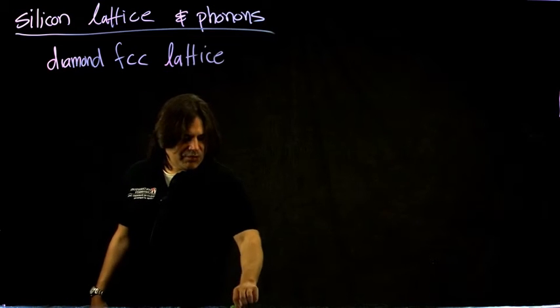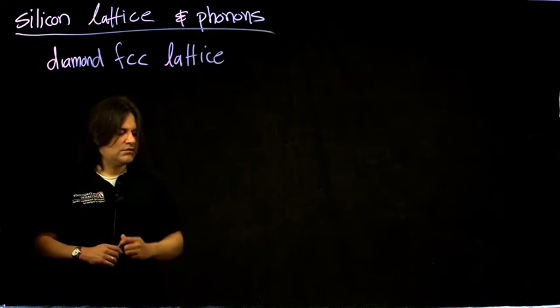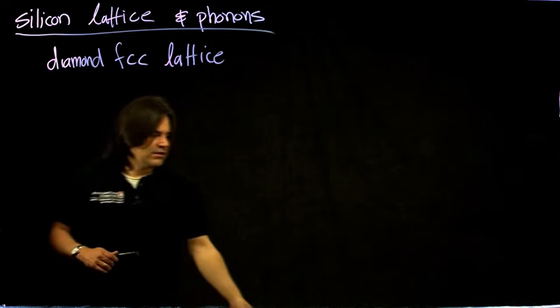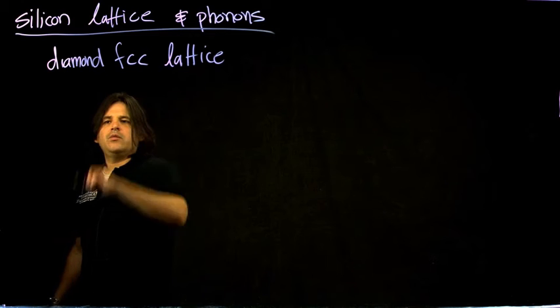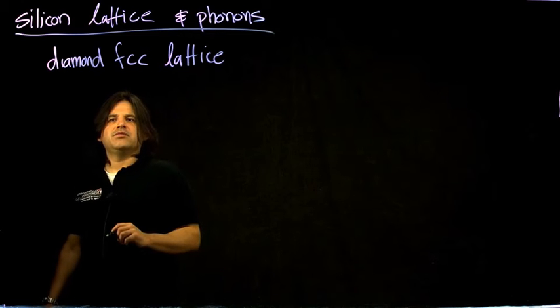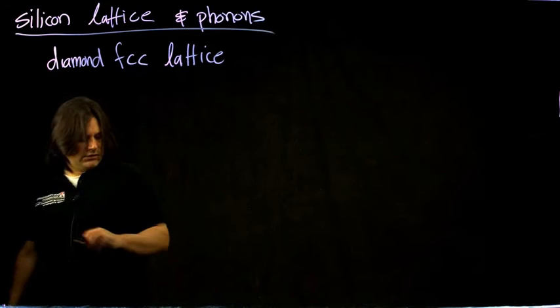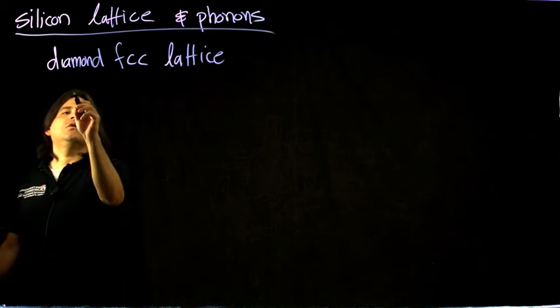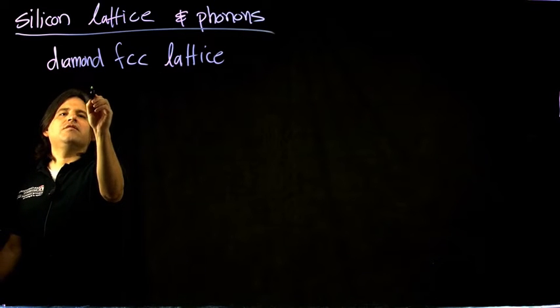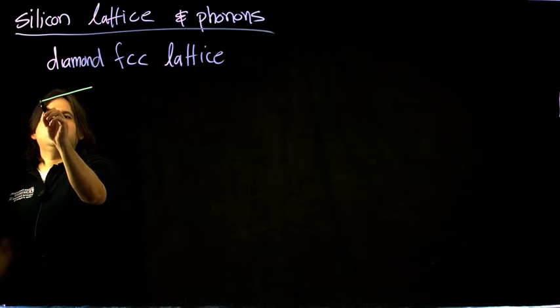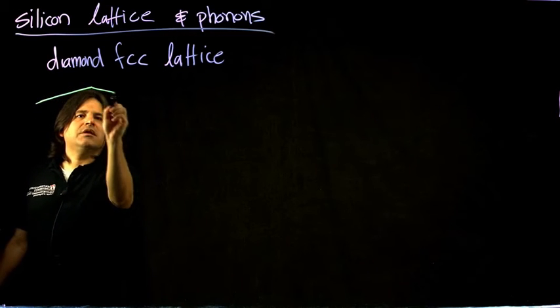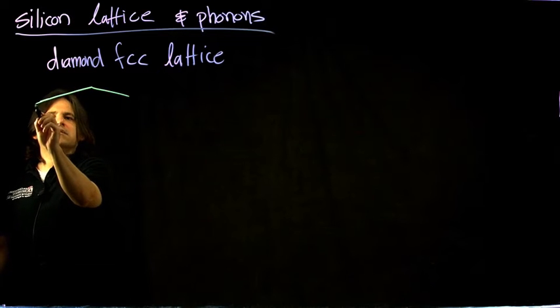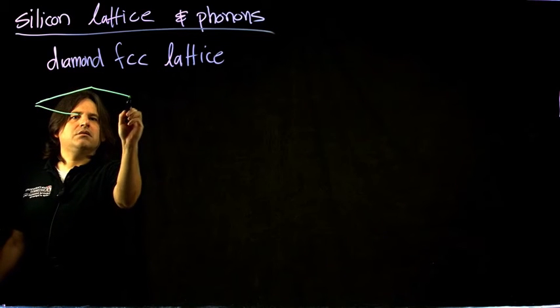Let me get my perspective game going and try to draw this out for you guys. So it's a cube, face-centered cubic, but it's not a simple cube. Let's see. So we'll give a flat perspective here. Nice new markers, that helps. So it's going to be like that. This is the top part of the cube.